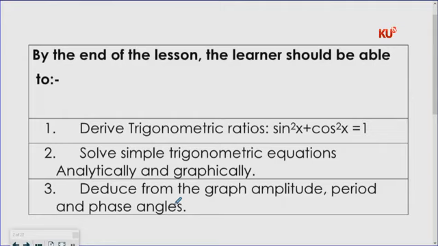Objective number 2, solve simple trigonometric equations analytically and graphically. And finally, the third and last objective of the lesson today, deduce from the graph the amplitude, the period, and the phase angle.